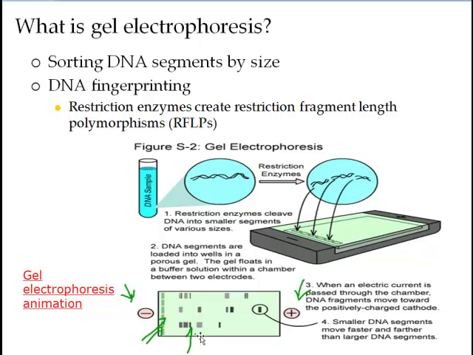Comparing the bands from different lanes will indicate some corresponding similarities between segments. So this is a shorthand version of gel electrophoresis. Make sure you do watch the electrophoresis animation.